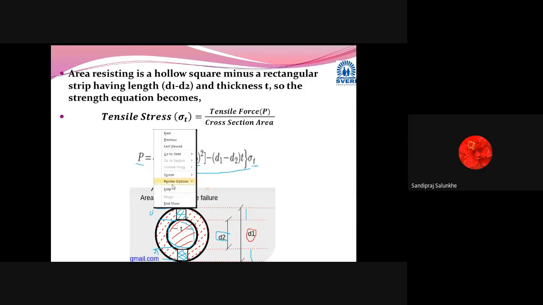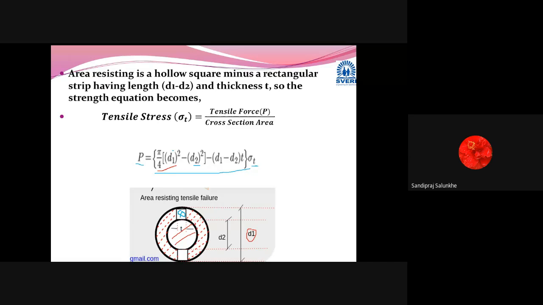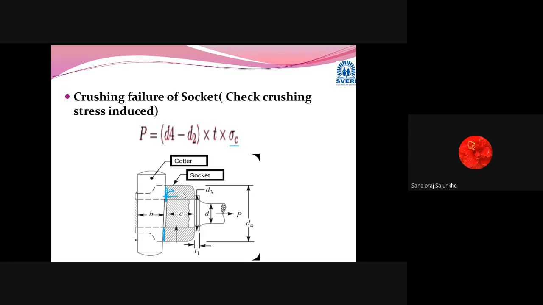Now let me clear all these things and show you which area I am talking about. I am talking about this area, because here crushing is applied. This area will undergo crushing, that is compression, because the two parts, the quarter and the socket, are pushing each other in opposite directions.